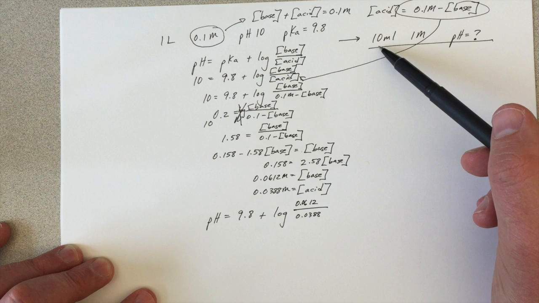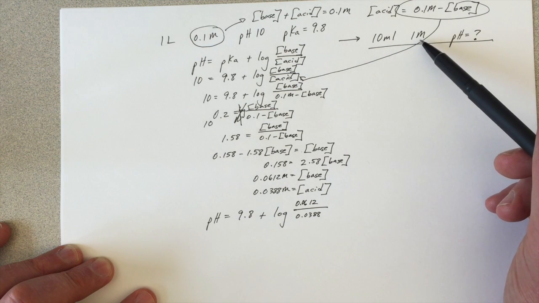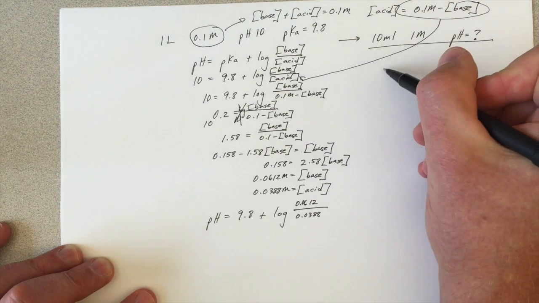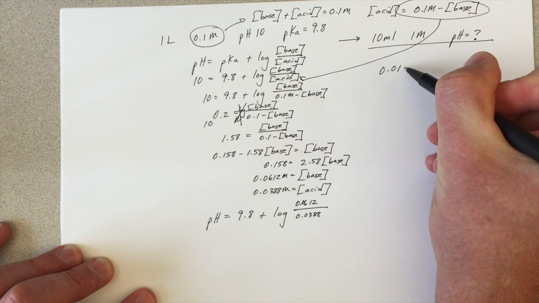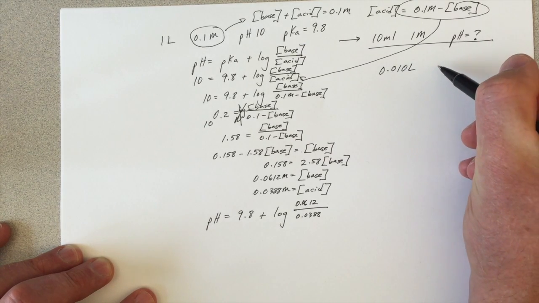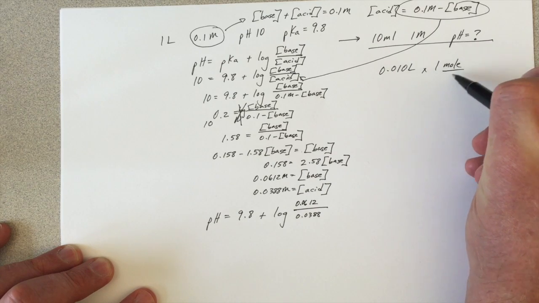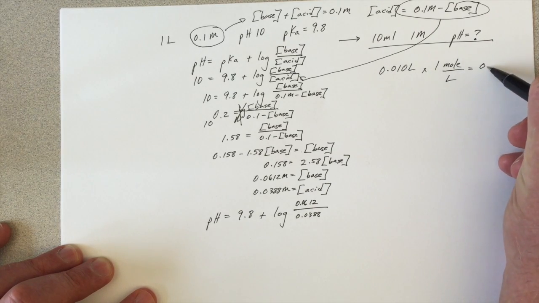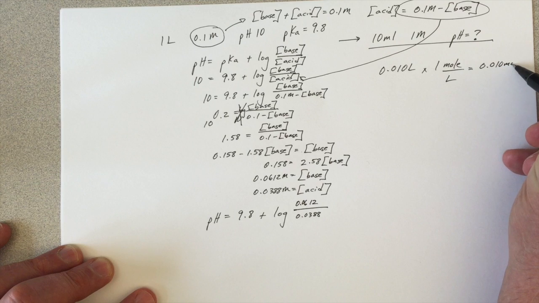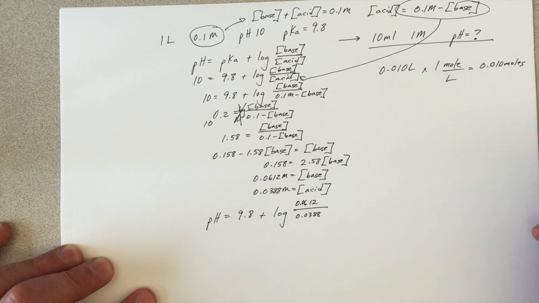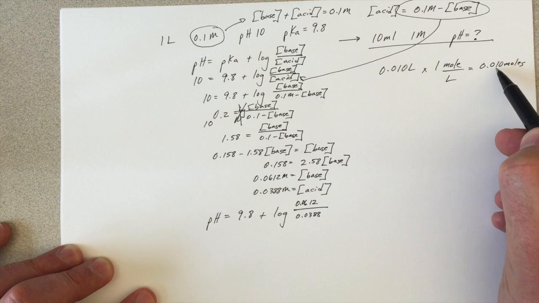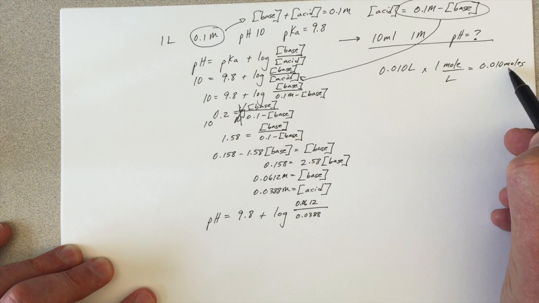Now, how can I adjust the base and acid to reflect the strong acid that I've added? Well, I know I'm adding 10 milliliters of a 1 molar solution, so I have 0.01 liters times 1 mole per liter. I am adding 0.010 moles of strong acid. Now, what is that strong acid going to do?